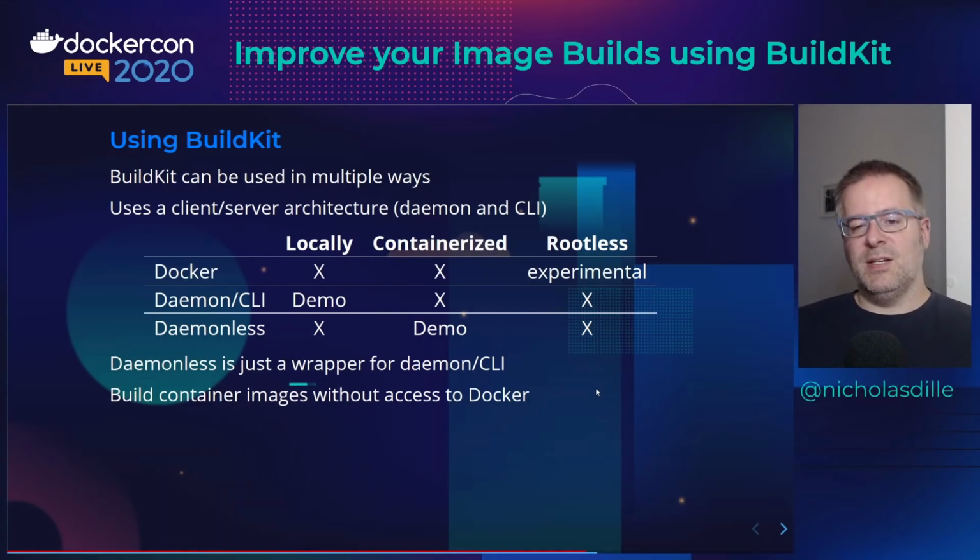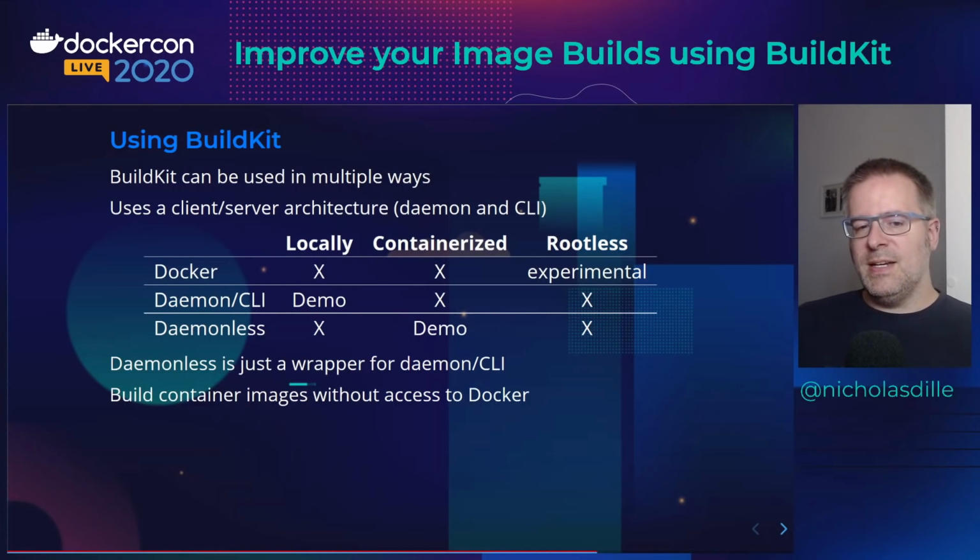That is a script that is used to wrap the daemon and the CLI to make it easier, because as you'll see in the first demo, you need to run the BuildKit daemon as well as the BuildKit CLI. But the Daemonless script takes care of running the daemon transparently when executing a build. So why would you actually use BuildKit without Docker?